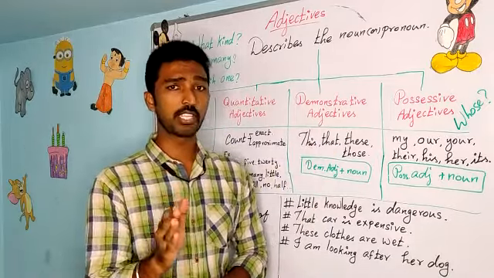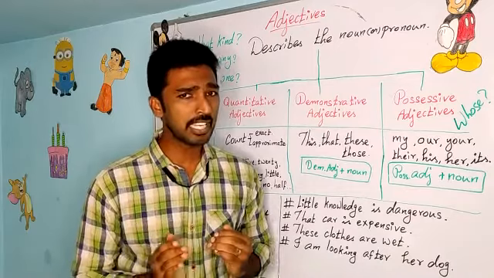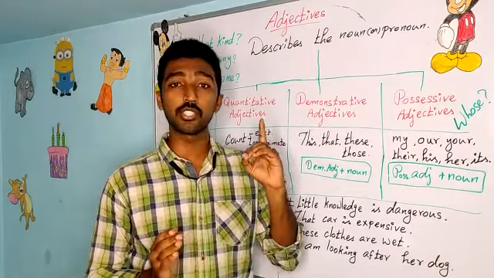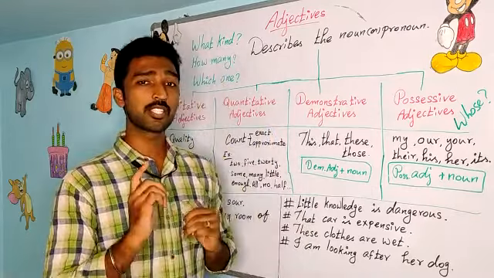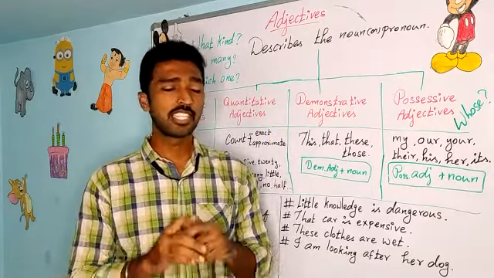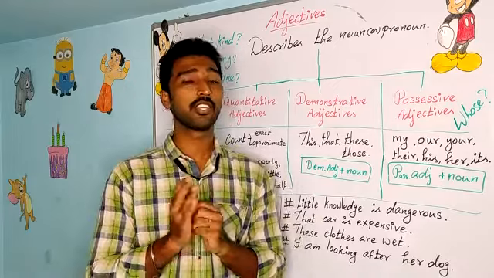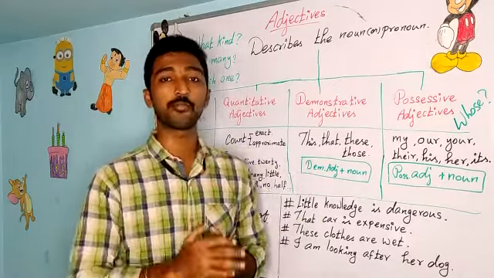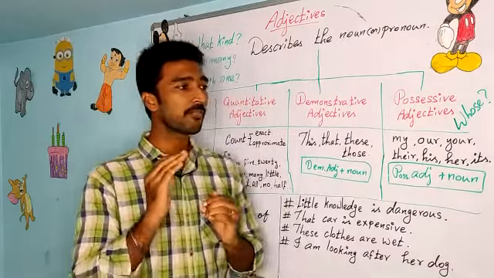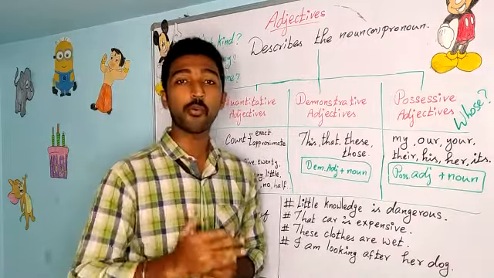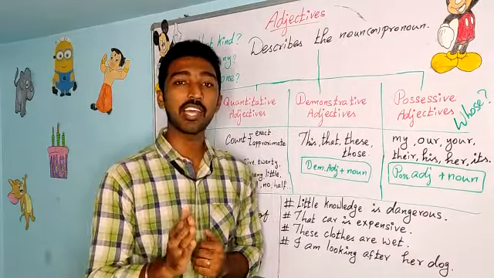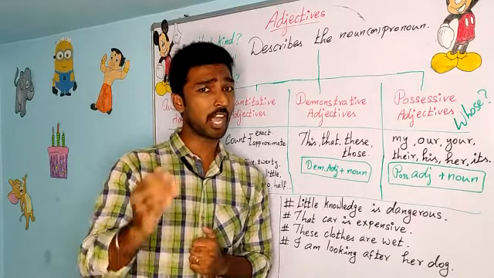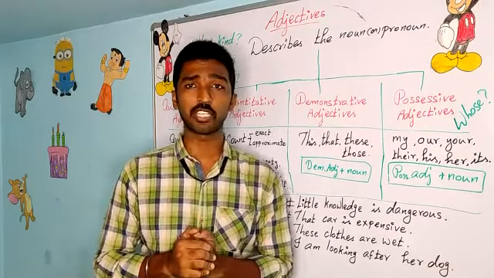If the object is near to us and it is a singular object, then we can use this. This pen is mine. This notebook is yours. This beautiful house belongs to my friend. And if the object is far away from us, then we have to use that. Far away, and the object is a singular object.